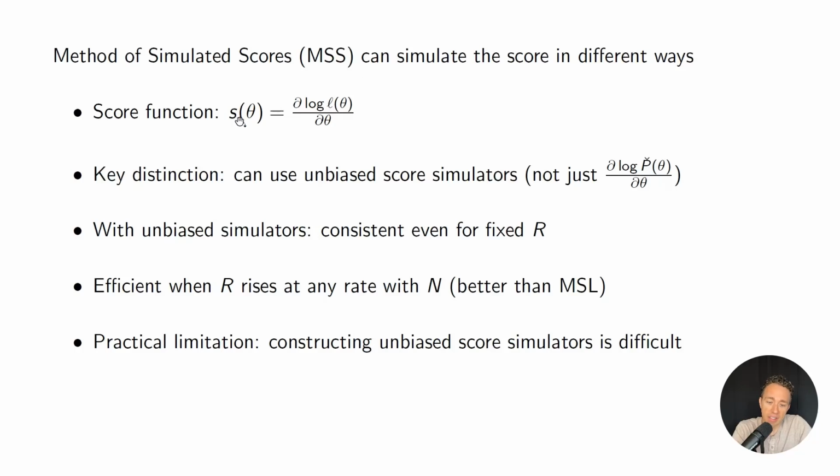So MSS is going to be efficient when R rises at any rate with N. So that's better than MSL. But the limitation is that it's not so easy to find an unbiased score simulator. And so for all of the reasons above, you don't see this used very often in empirical research. And I'm not going to cover it any more than just to tell you about it and the reason why it's not used very frequently.